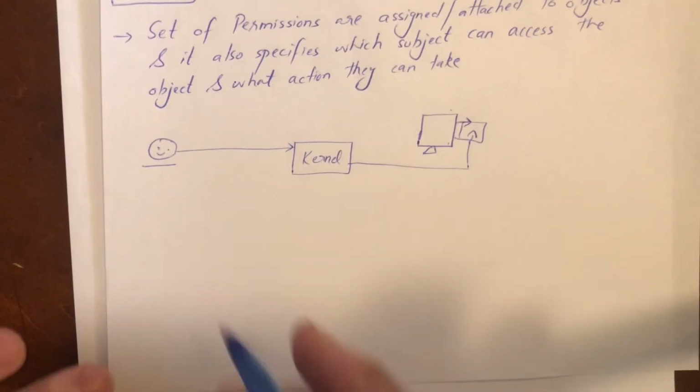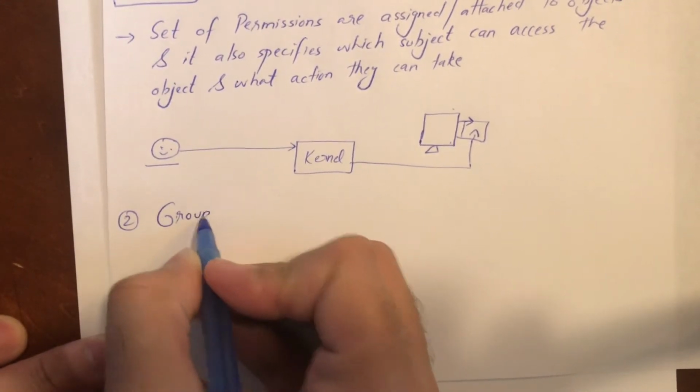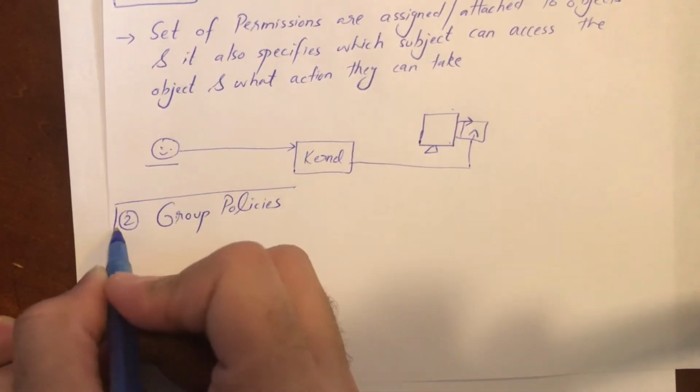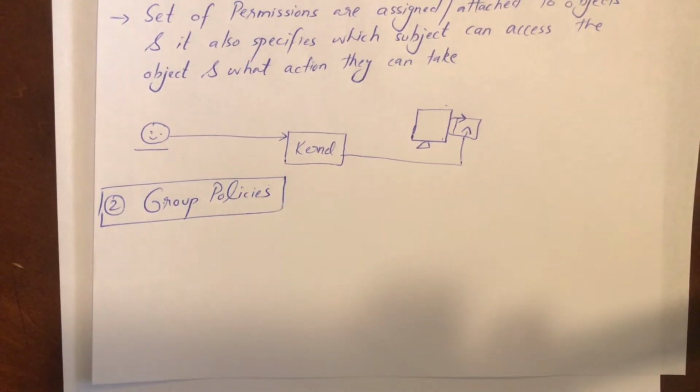The second technique to implement access control is group policies. The concept of group policies was introduced by Microsoft.